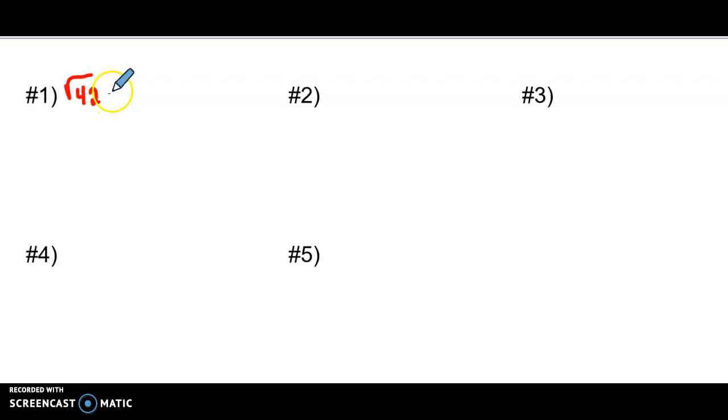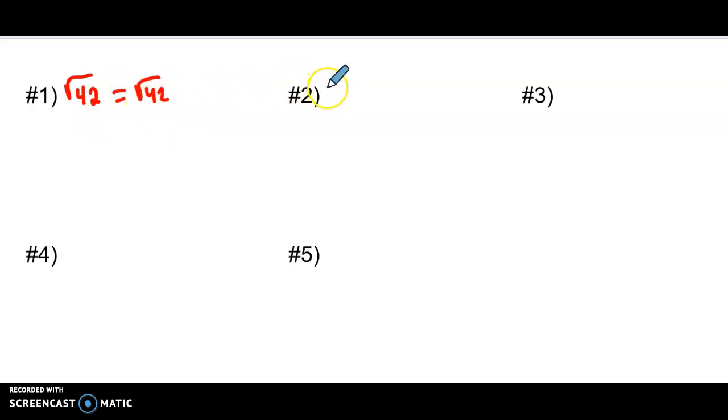So I'm thinking about the perfect squares that are lower than 42, and none of them divides evenly into 42 except 1. So there's nothing else I can do here. It is equal to square root of 42. The only way for me to rewrite it would be 1 times 42, and there's not a perfect square in there.